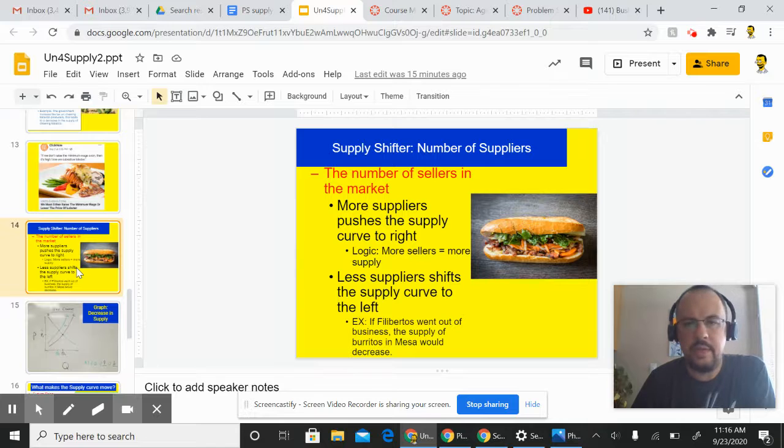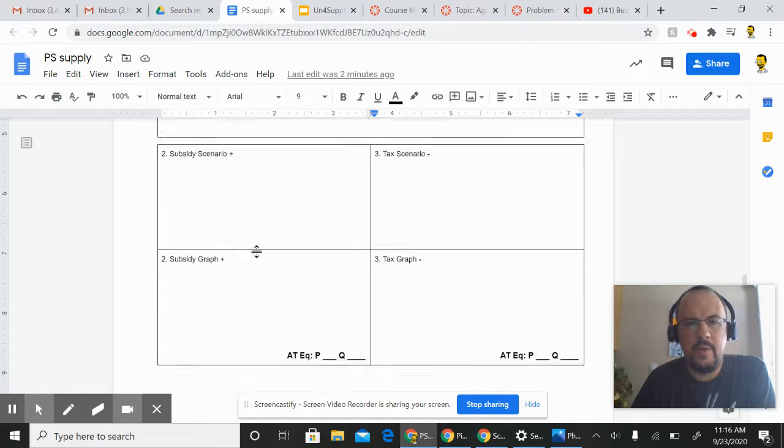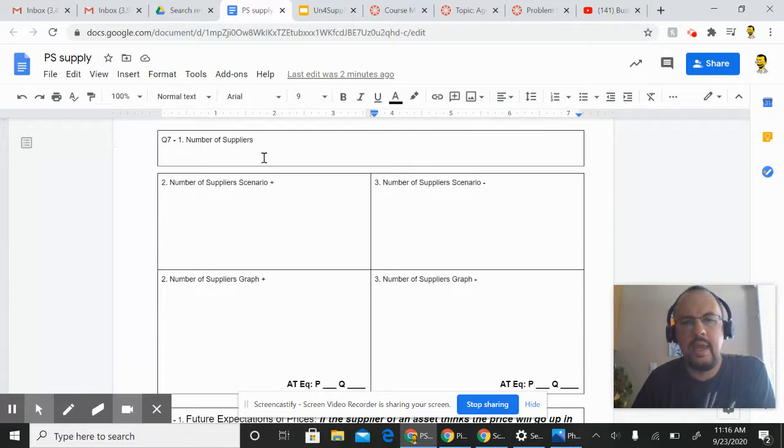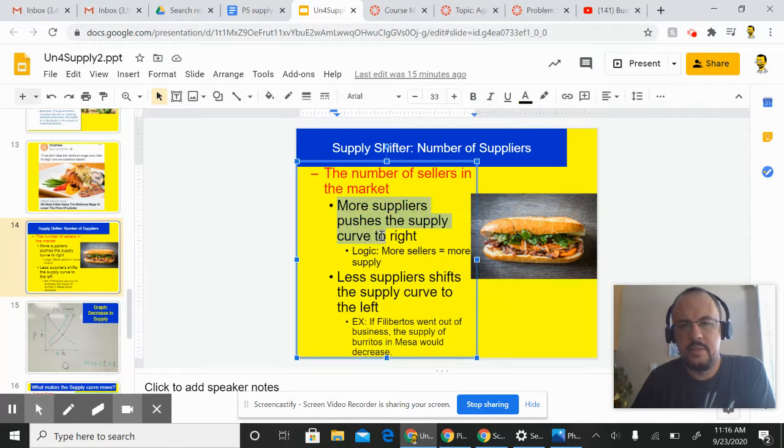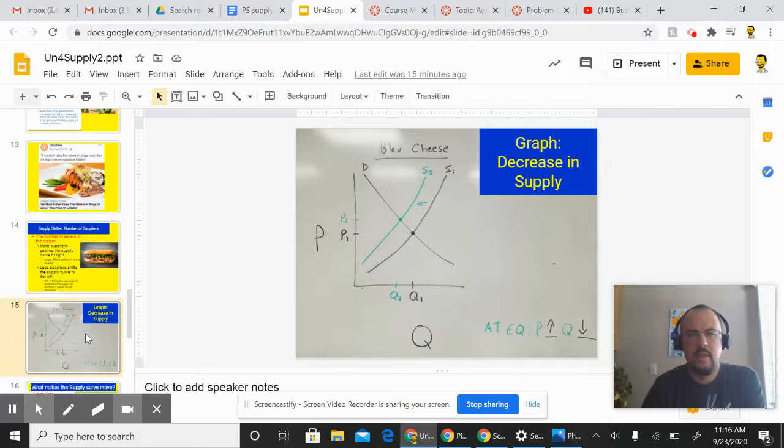On your problem set, you have number of suppliers right here. So again, for number of suppliers in box 1, you just write this: more suppliers equals more supply, less suppliers equals less supply. Example for less suppliers, if Filiberto's went out of business, sad day, the supply of burritos and mix would decrease.